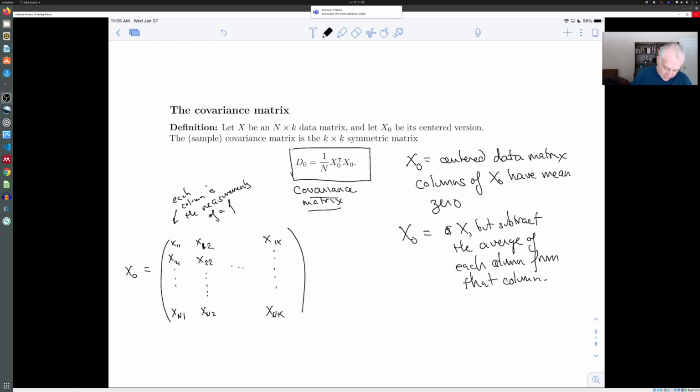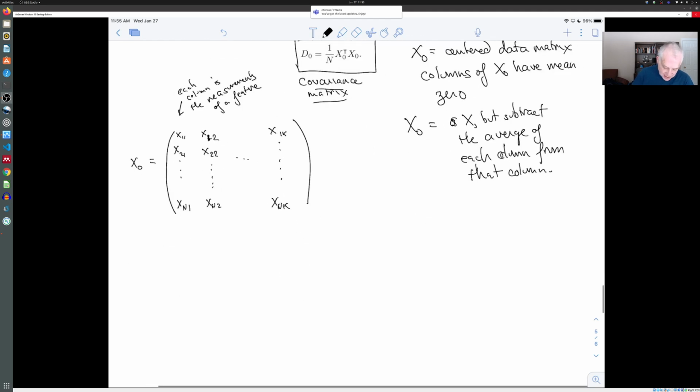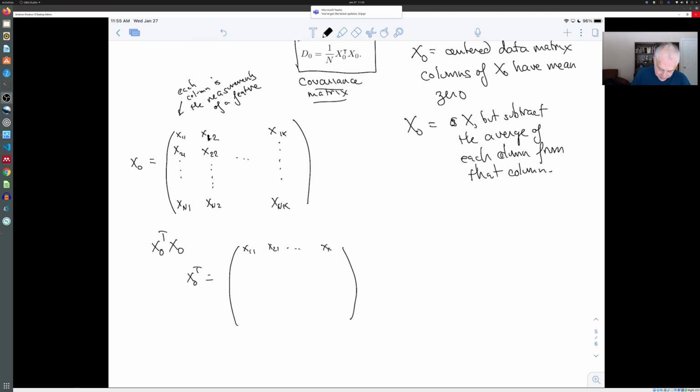So if we're looking at a weight loss study, all of those numbers are the weights of all the participants in the study. When we multiply X0 transpose times X0, we have to take X0 and turn it on its side. So its first row goes x11, x21 out to xn1.